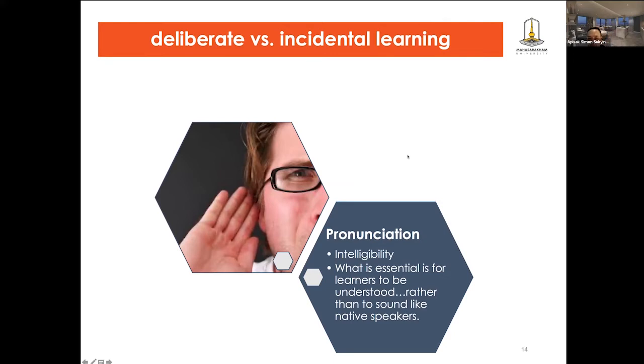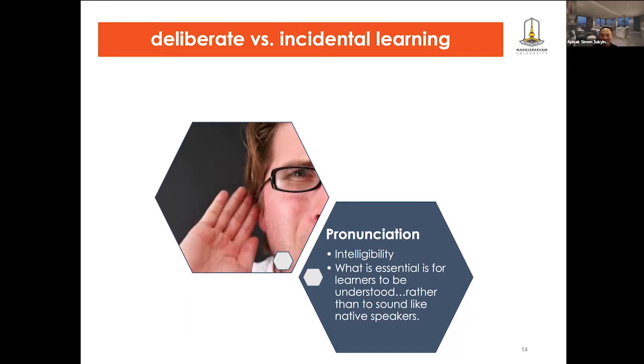Because we have many accents, whatever accent we have, we can learn from the native speaker as well. Then we have them practice in the classroom or imitate the word to pronounce it. Okay, very good, very good.